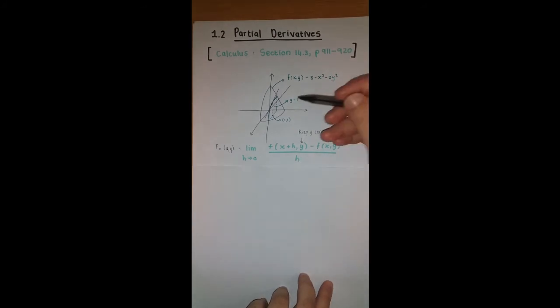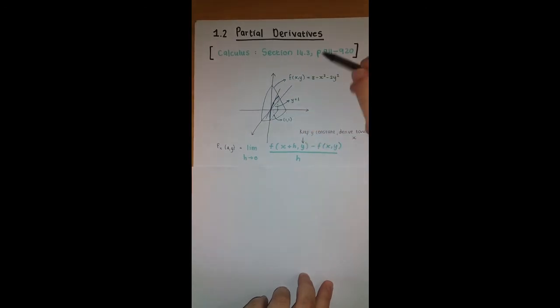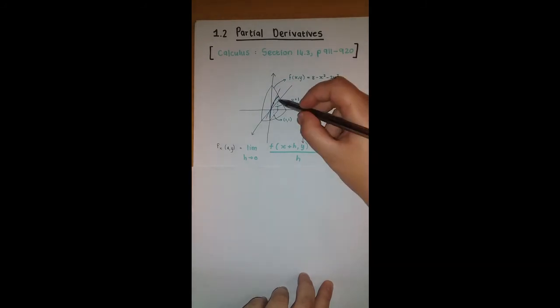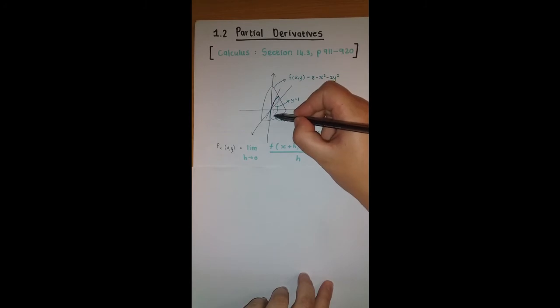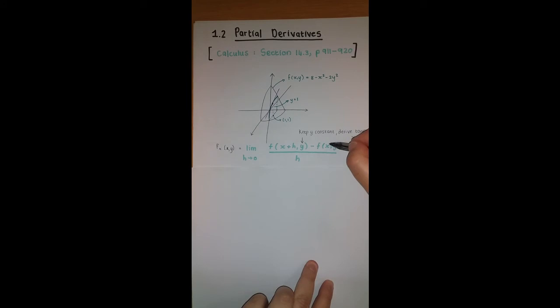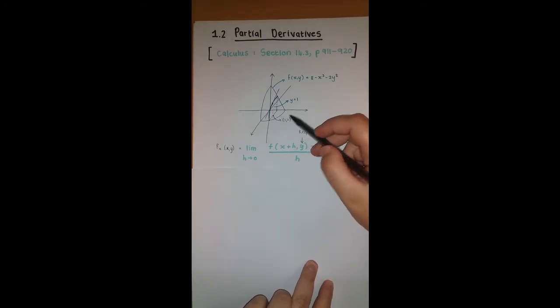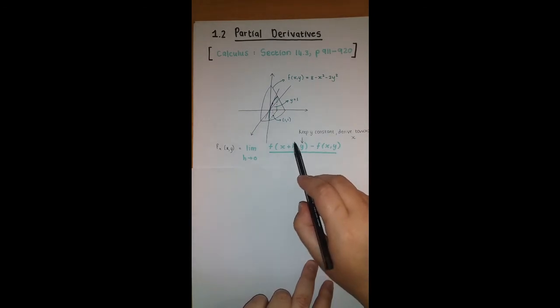Graphically depicted, it would look as follows. You have your surface, which has this formula, and then you keep the y constant. You choose a y, and you want to see what the partial derivative is at the point (1, 1), so x is equal to 1 and y is equal to 1. Then you add an h.